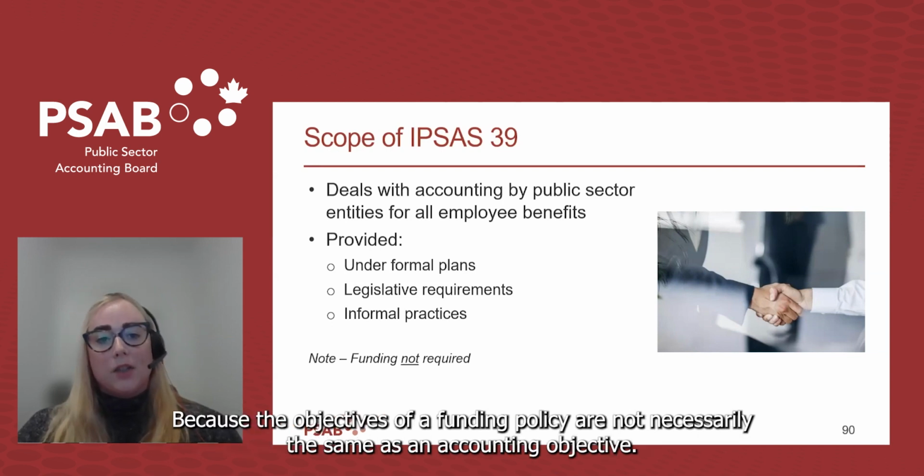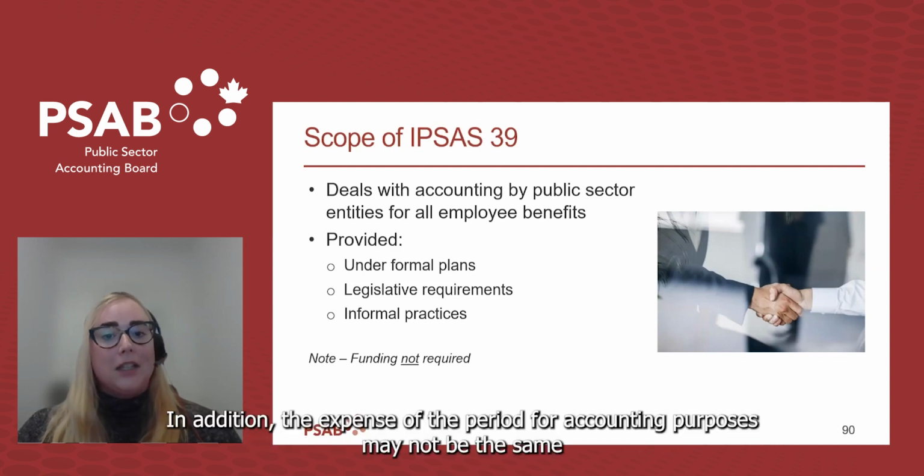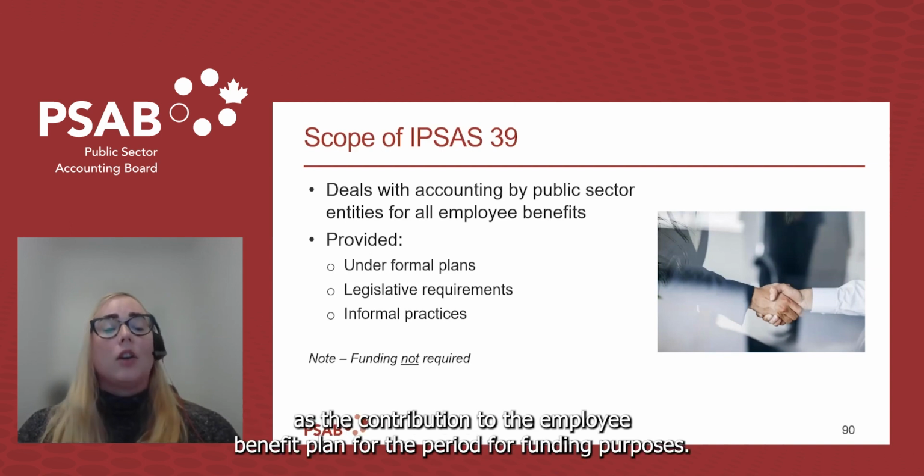Because the objectives of a funding policy are not necessarily the same as an accounting objective, the liability for accounting purposes may not be the same as the amount not yet funded at the financial statement date. In addition, the expense of the period for accounting purposes may not be the same as the contribution to the employee benefit plan for the period for funding purposes.